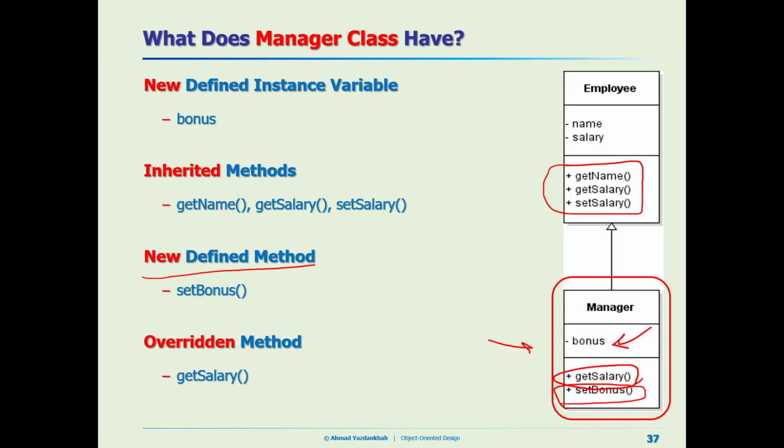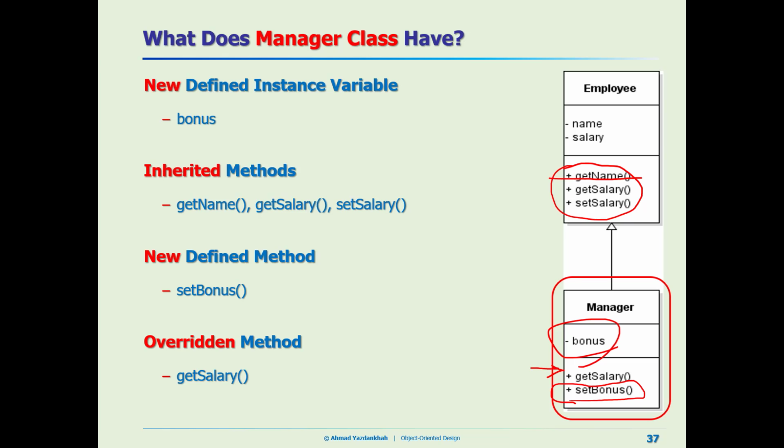So in summary, the manager class has all of these three, but getSalary is overridden. So this guy will be overridden, right? And also this setBonus, and also the bonus which is inside the manager class, of course, it has access to that.